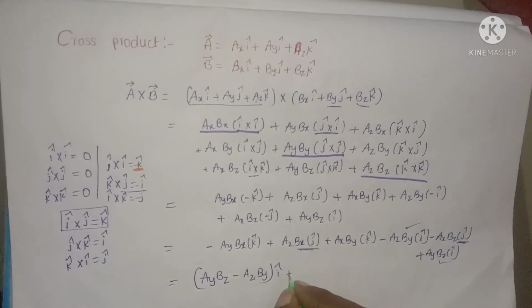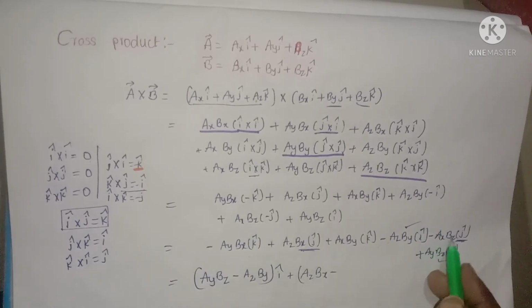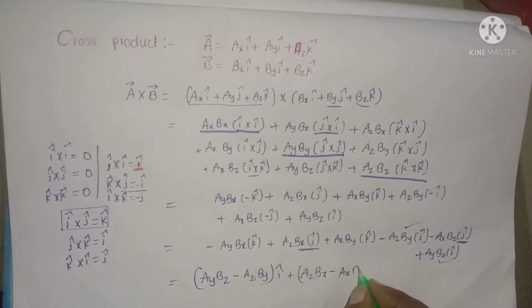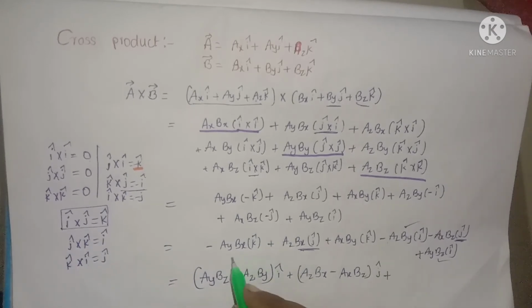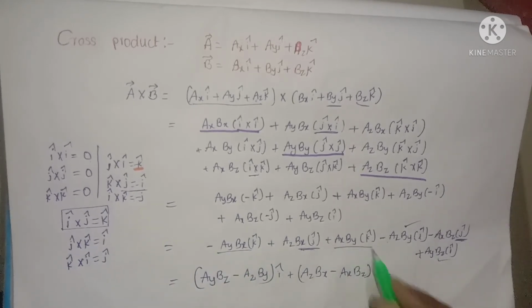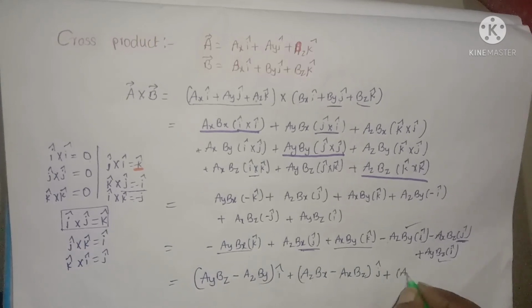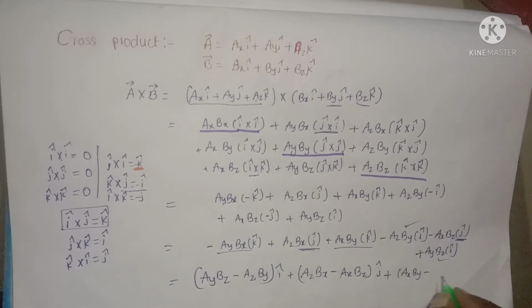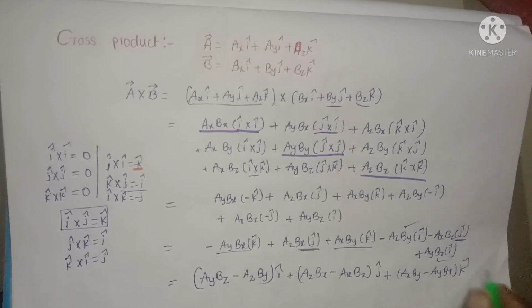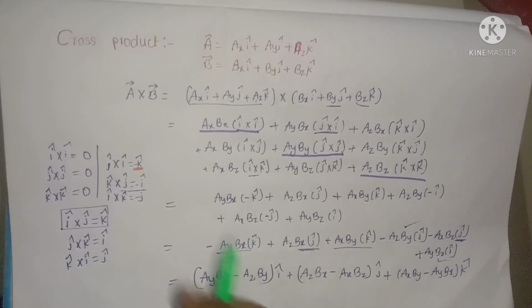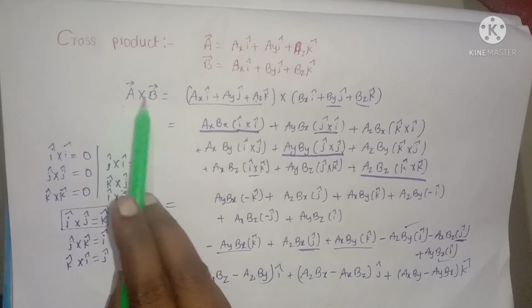Take the common: plus (az bx minus ax bz) into j cap, plus now take the k from these two: (ax by minus ay bx) into k cap. This is the cross product of a vector and b vector.